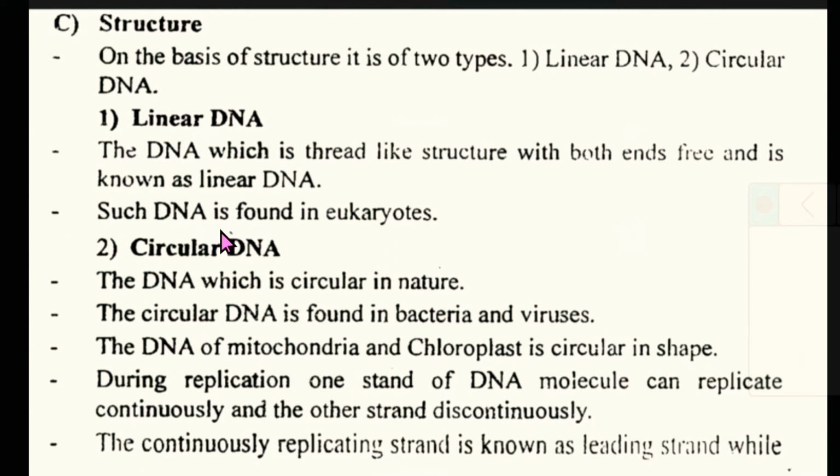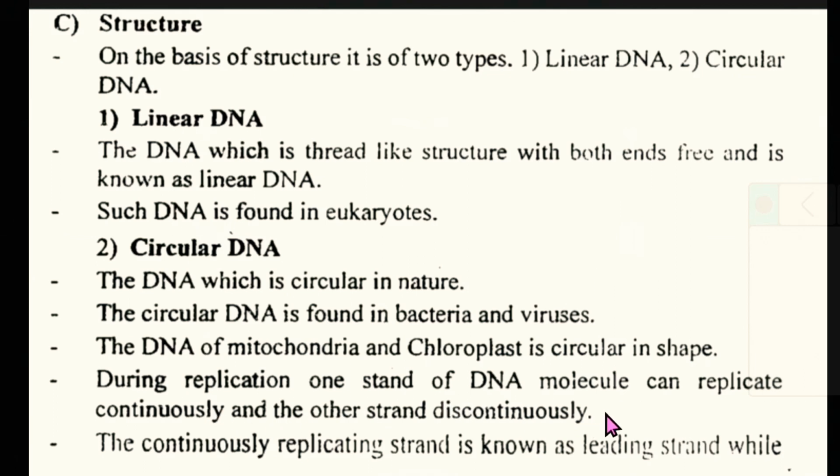And the second one is circular DNA. The DNA which is circular in nature; circular DNA is found in bacteria and viruses. The DNA of mitochondria and chloroplast is circular in shape, and during replication one strand of the DNA molecule can replicate continuously and the other strand discontinuously.